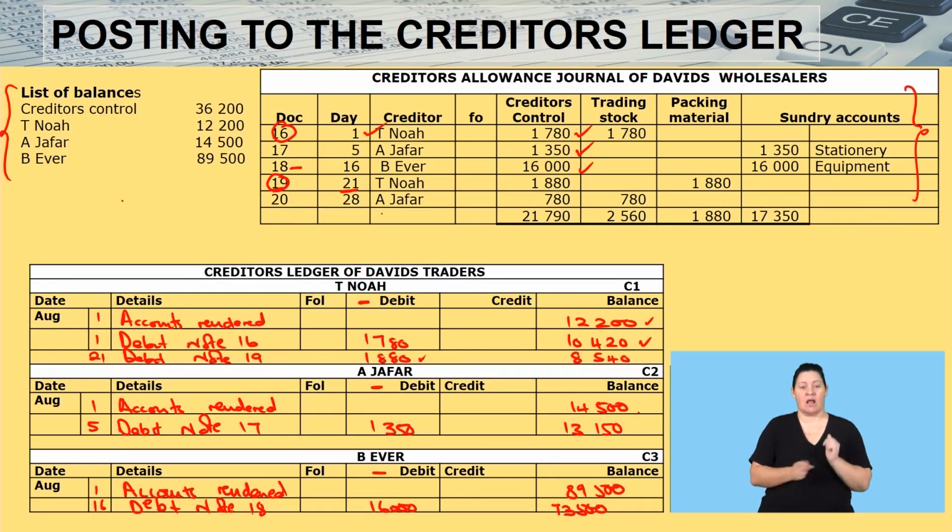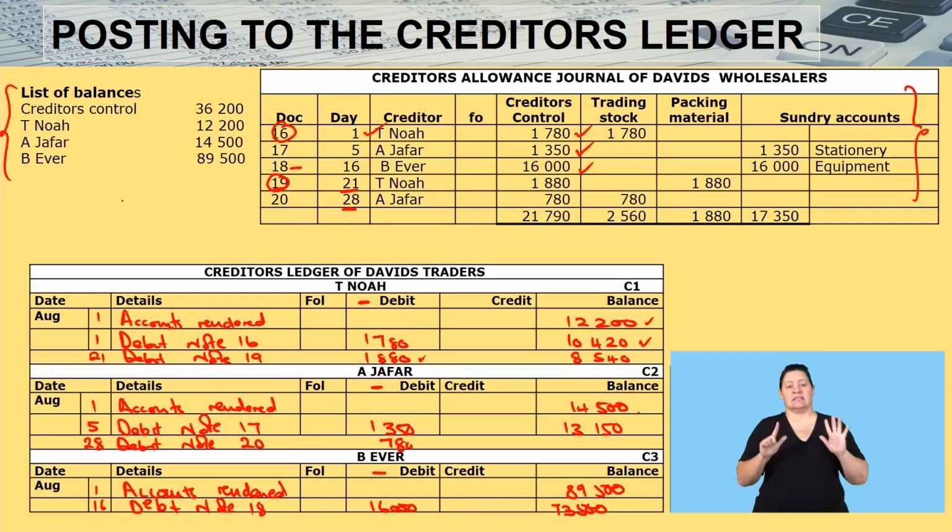And then the last one becomes on the 28th, A Jafar. So come here, 28. It is debit note number 20, and the amount is 780. 13,150 minus 780, 12,370. This is how you would do it.